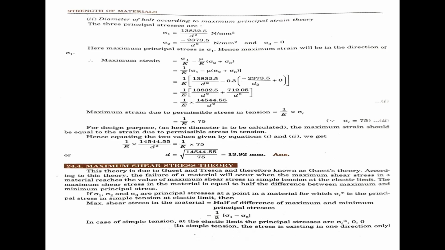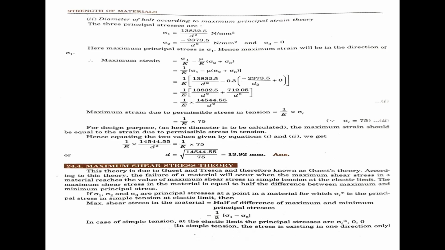The maximum shear stress in the material is equal to half the difference between the maximum and minimum principal stresses. That is the condition if sigma 1, sigma 2 and sigma 3 are the principal stresses at a point in a material for which sigma T star is the principal stress in simple tension at the elastic limit.